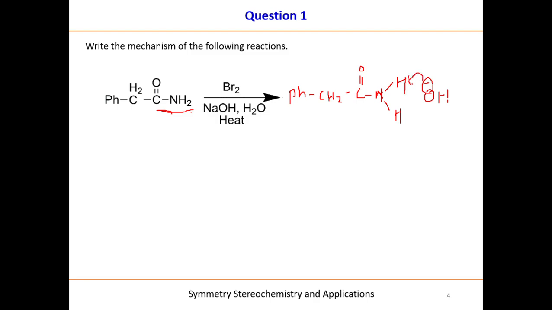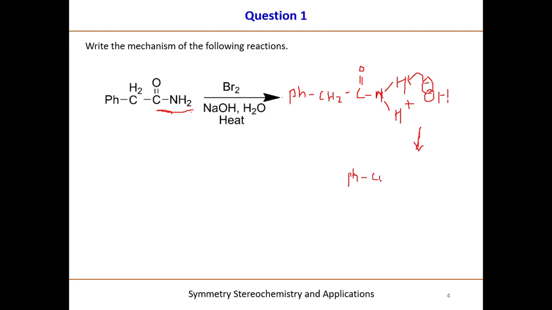Any proton will get abstracted. Okay. So after proton abstraction, after deprotonation, what will we get? See, the whole group is not getting affected.